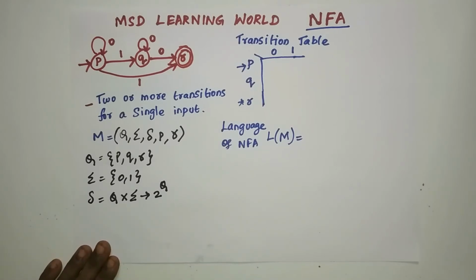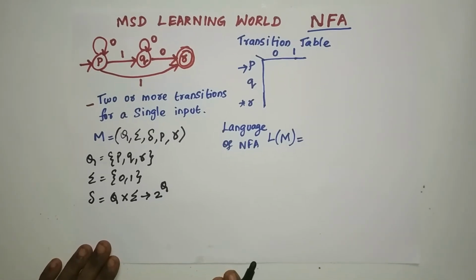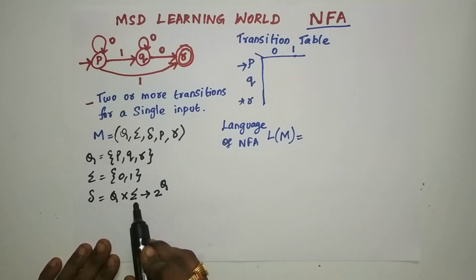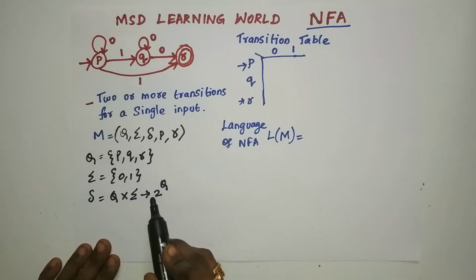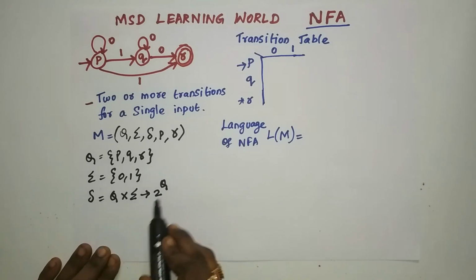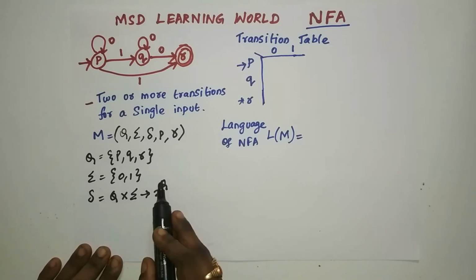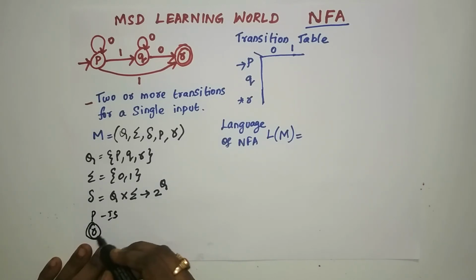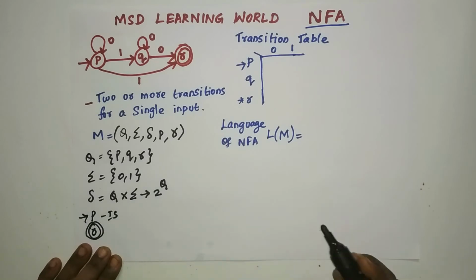For a single input symbol it can go either to a single state, or to one or more states. So Q Cartesian product sigma, the set of all states Cartesian product with the input alphabet, goes to 2 power Q. Only in the description of the del transition function do DFA and NFA vary. The initial state here is P and the final state here is R.